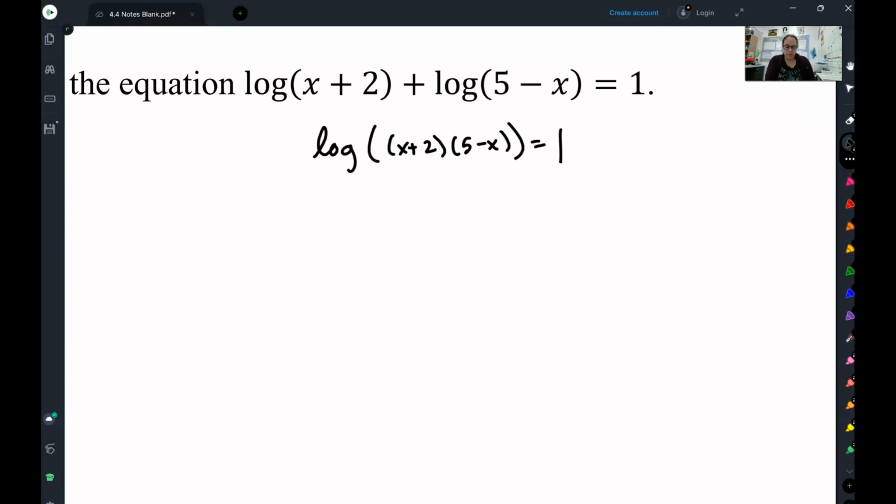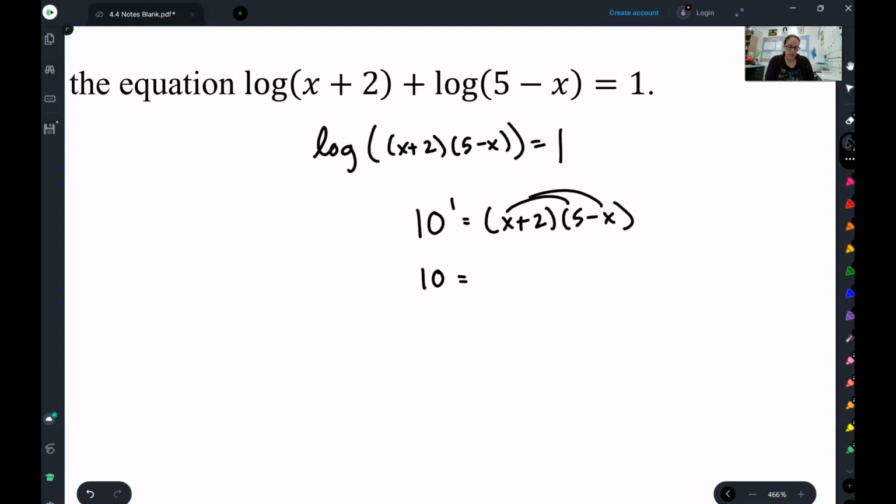So this is log base 10. 10 to the first equals this. So this is still just a 10. I can distribute those to get 5x minus x squared plus 10 minus 2x, which is negative x squared plus 3x plus 10.